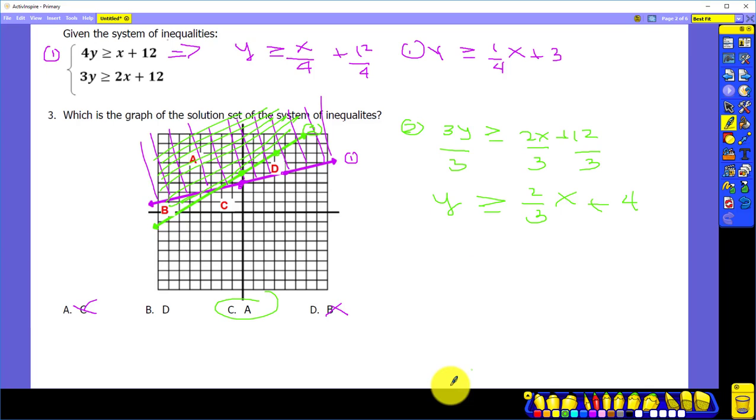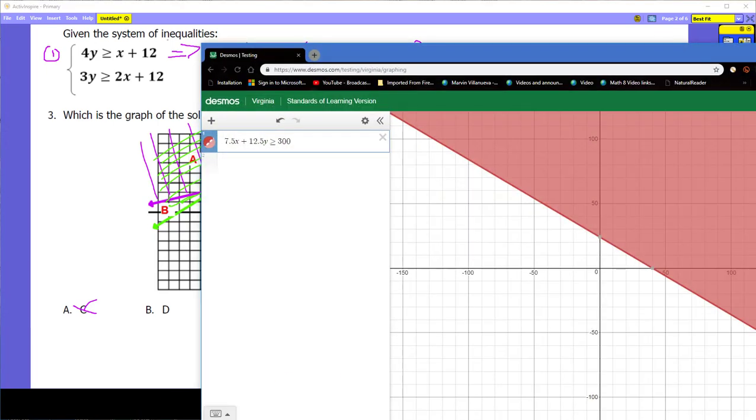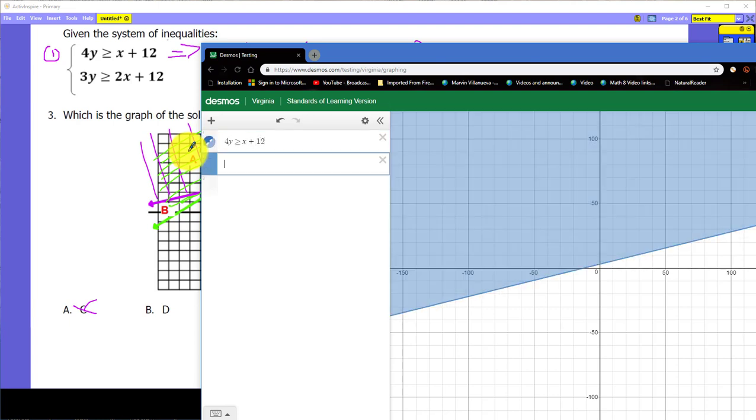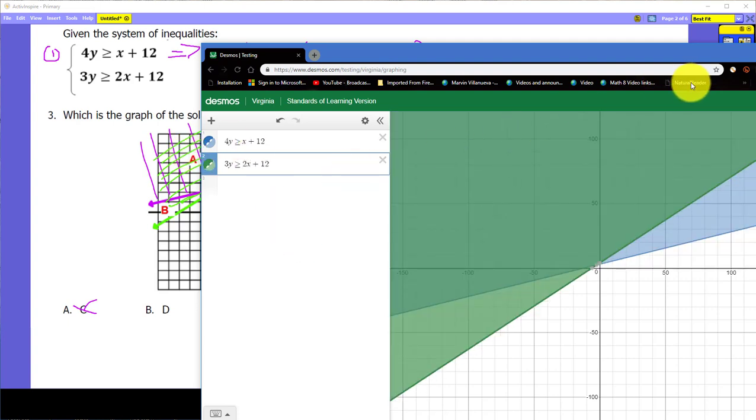Alright, now if you would like to check your answer, go to Desmos, just type this one in, type in 4y, so we have 4y greater than or equal to x plus 12, and then we have 3y greater than or equal to 2x plus 12.